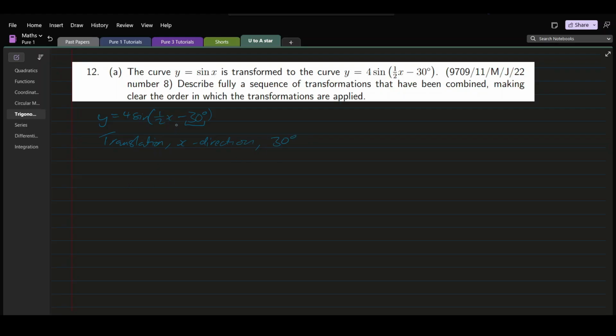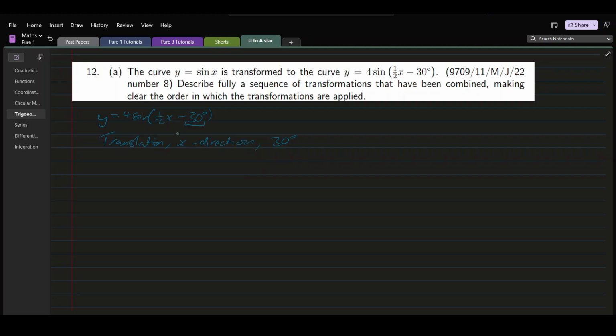And remember that when we're talking about the translation in the x direction, when you're now given the translation vector, or the amount of units that have been shifted by, you take the opposite sign. Since here we have negative 30 degrees inside the bracket, it means we have actually moved by positive 30 degrees.